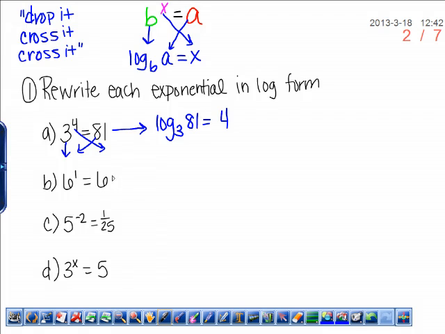All right, so let's try the next one. 6 to the 1st power equals 6. What's that going to be? Log, what do we say? Base 6 of what? 6 equals 1. Everyone okay with that?